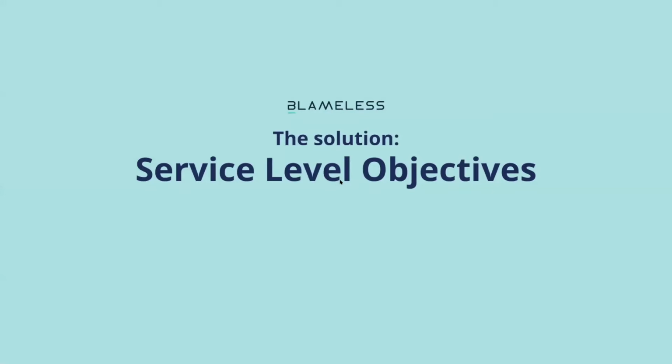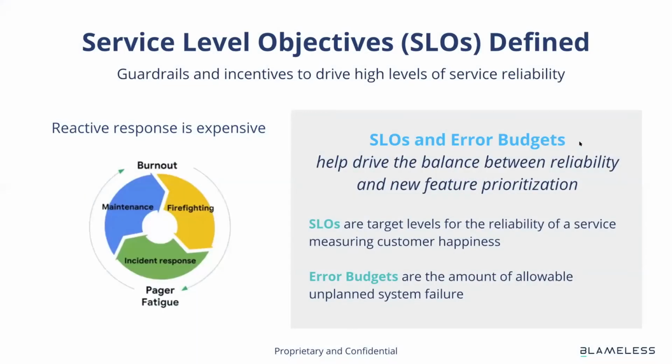So service level objectives is, as I mentioned, one of many really effective tools in your tool belt to help you get to that imperative of balancing innovation and speed. All right, so let's talk a little bit about what we mean by that. Next slide, please. So SLOs stand for service level objectives.